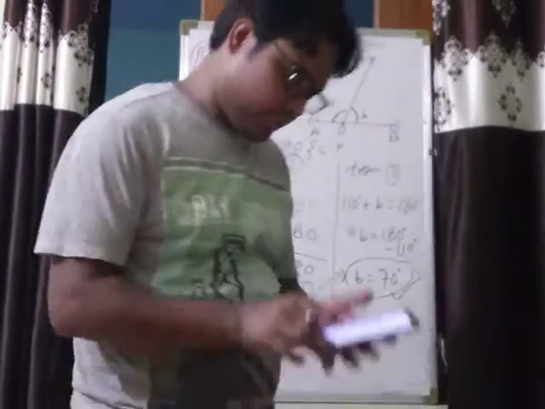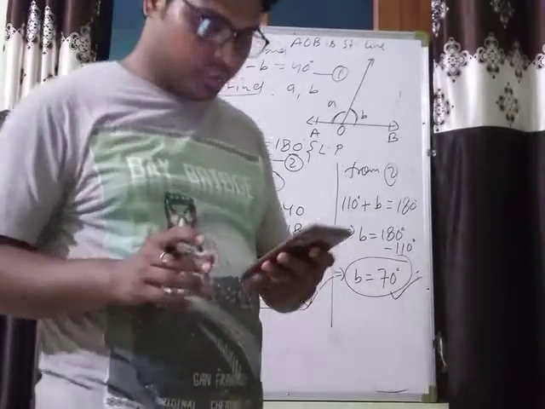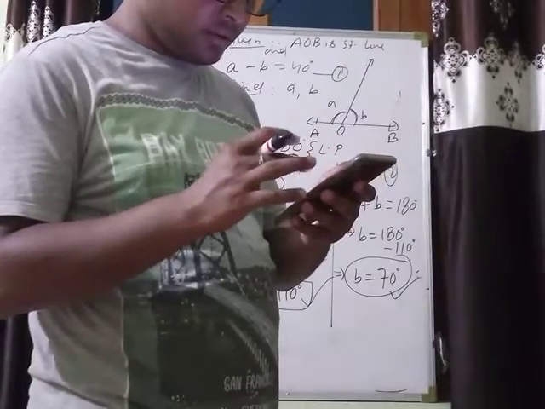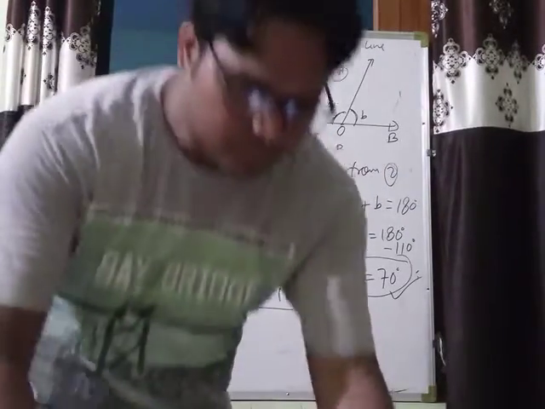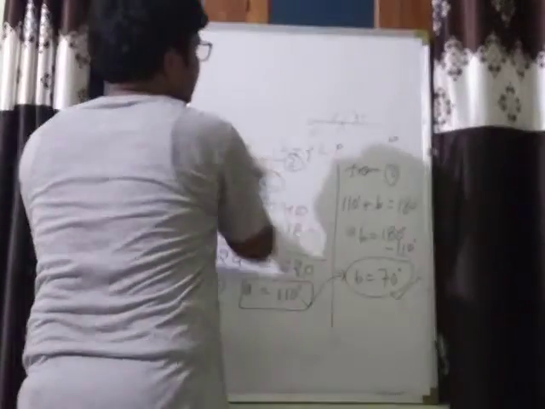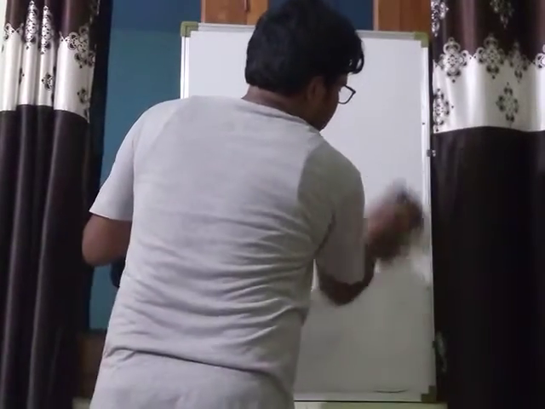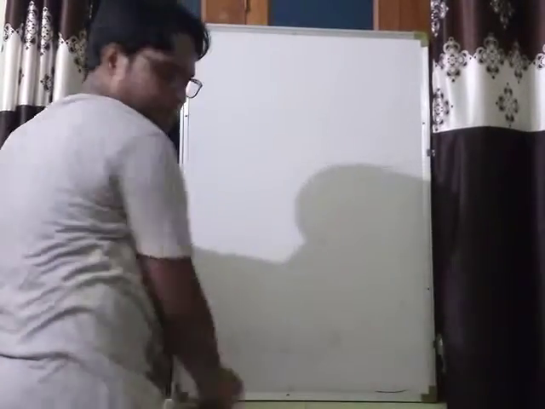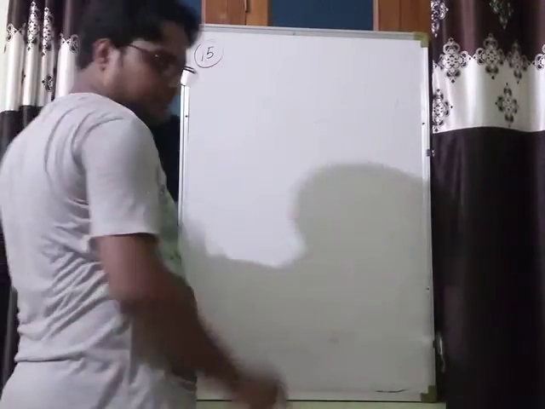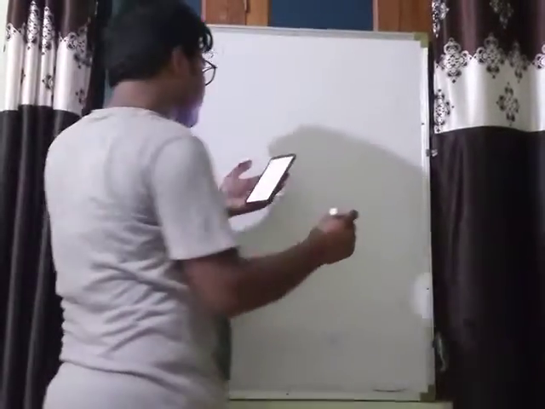Now read question number 15. Question number 15 is a good question. In the figure, AB is parallel to CD.